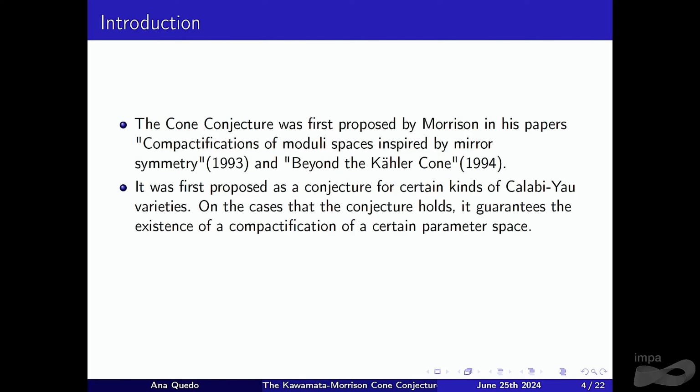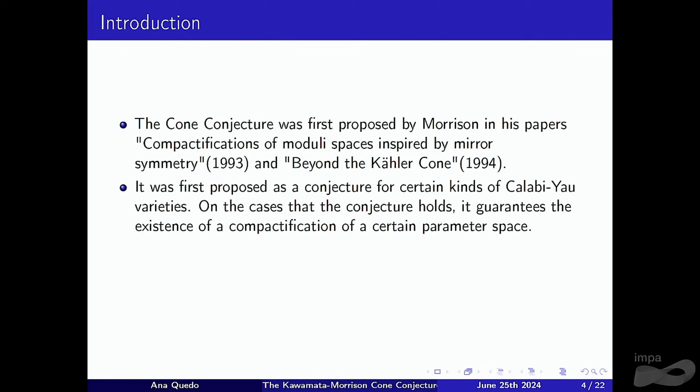By the time Morrison proposed this conjecture, it was already known that K3 surfaces had the property of the conjecture, and he realized that because of this, there existed a compactification of a certain parameter space.